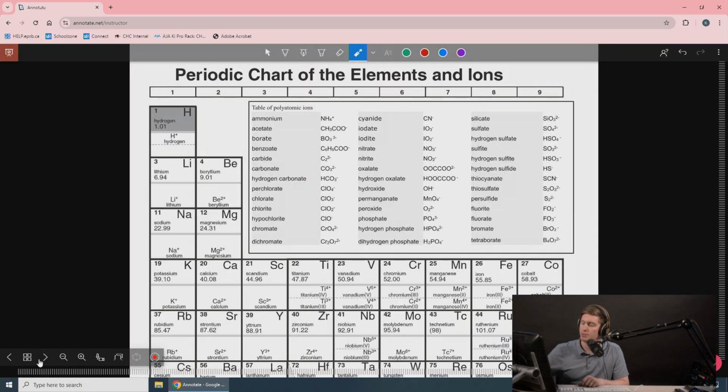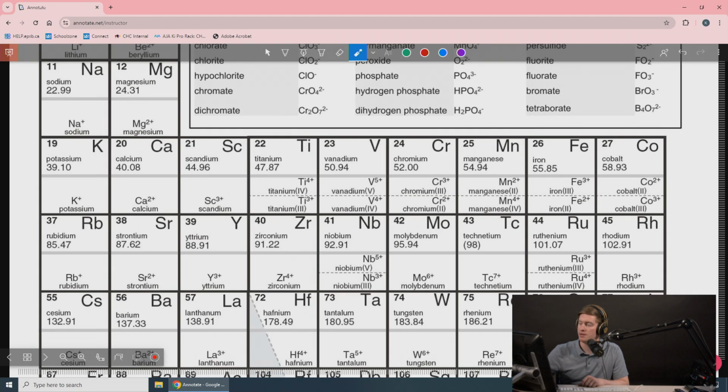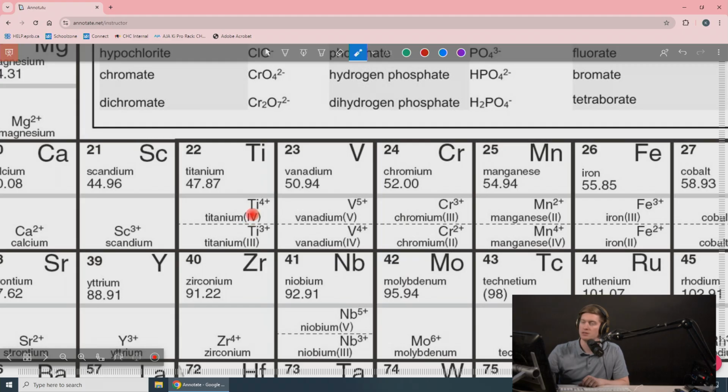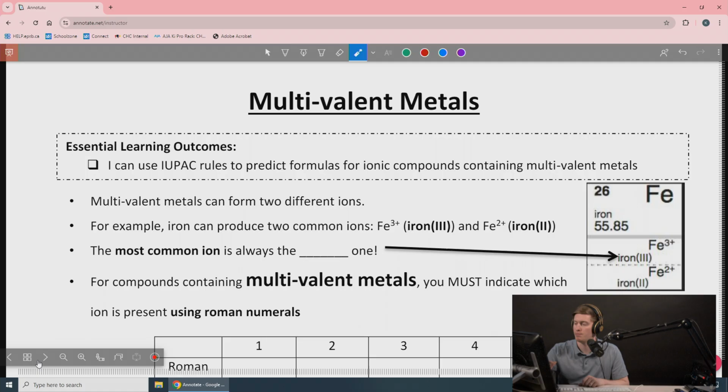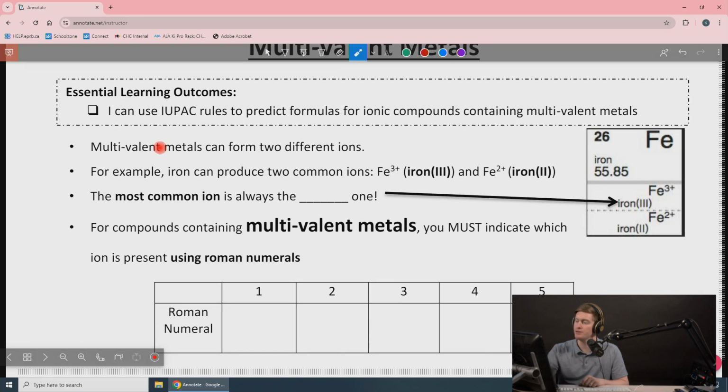But if you're looking at your periodic table, you'll notice that some metals have more than one charge that they can make. Here's titanium, for example, which can have a 4+ charge or a 3+ charge. We call these multivalent metals. Multivalent metals can form two different ions.